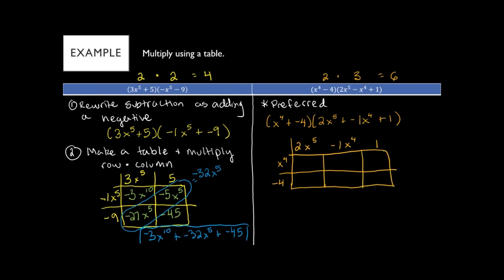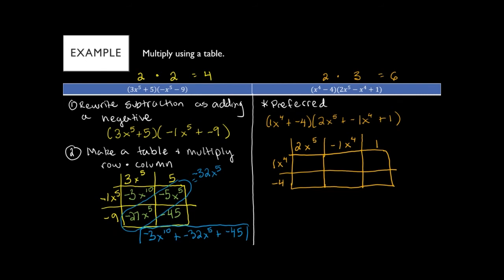And then I can draw my grid here. So we're going to get 6 boxes there. And now I'm going to multiply inside my grid. I'm going to put a 1 in front of that x to the 4 as well, just so you can see what numbers you're multiplying together.